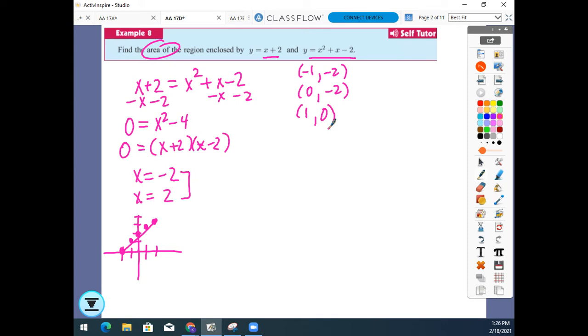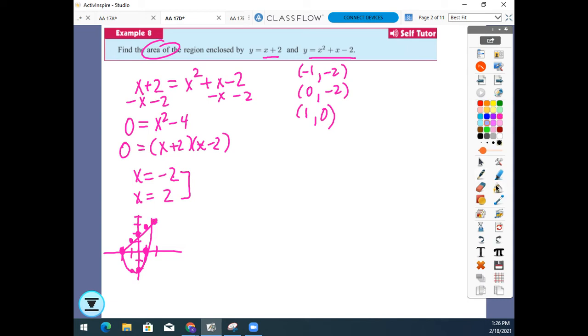That's not right. Oh, yeah, never mind, I was thinking something else. All right, so (-1, 0), (0, -2), (1, -2). Boy, this is really awkward. And then that just goes up there, because they intersect at (-2, 0) and (2, 4).